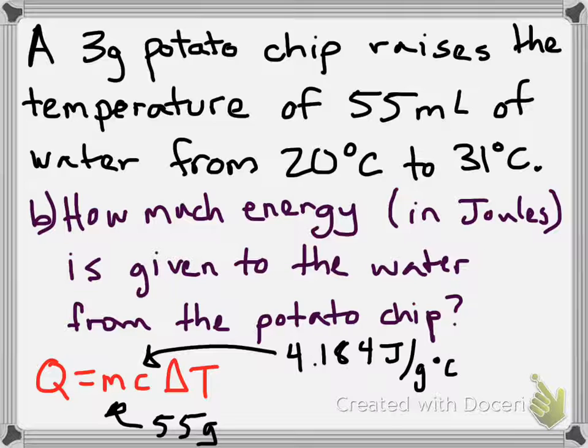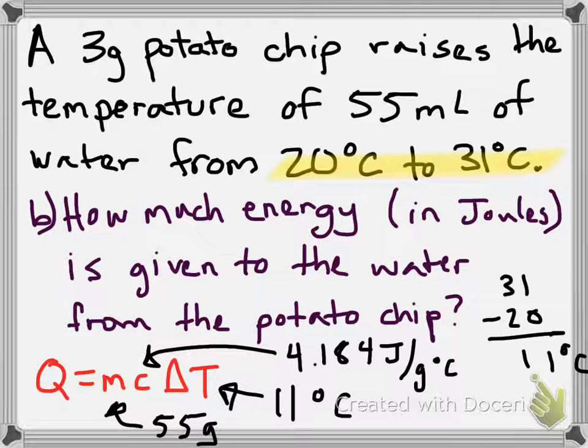That's a constant that will never change in all of these problems. The specific heat will stay that number. And our change in temperature we can find by looking at it: if it goes from 20 degrees Celsius to 31, our final temperature is 31 and our initial temperature is 20, so our change in temperature is 11 degrees Celsius.